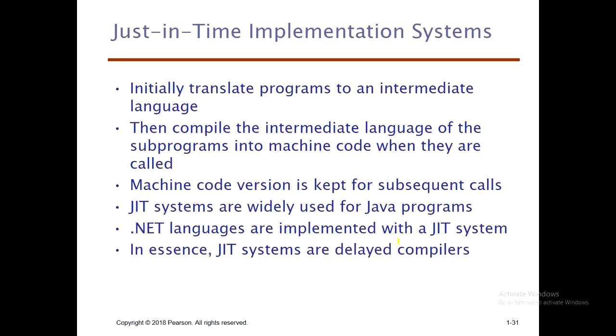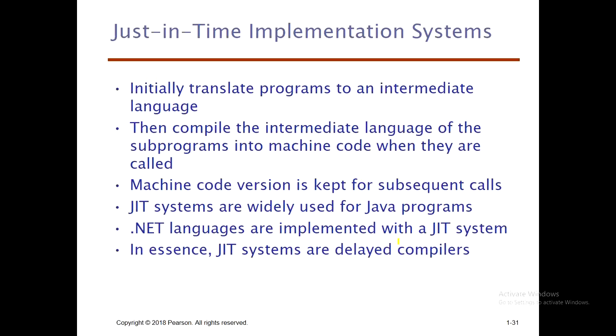So what happens is that the machine code is kept for subsequent calls, ready to be called by a program in order to be executed. It is stored temporarily in the system before it is called to be executed.